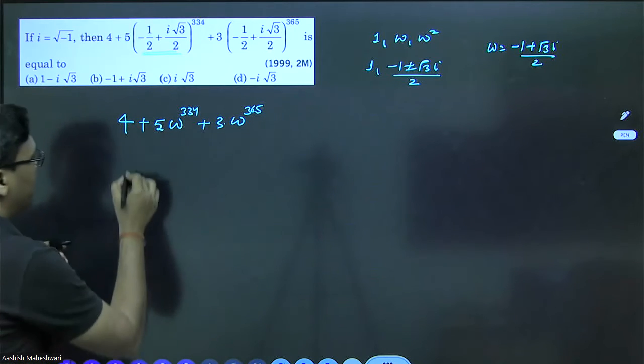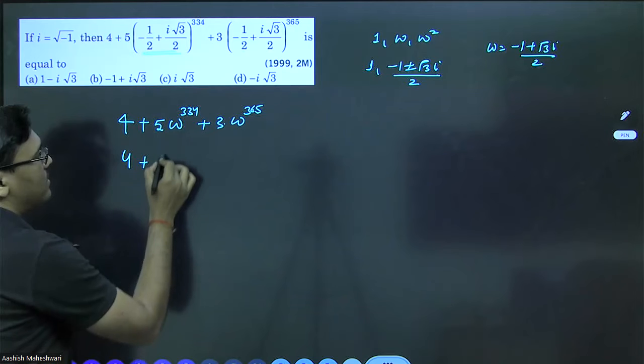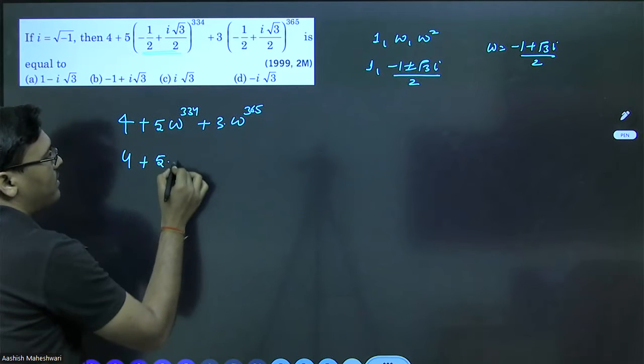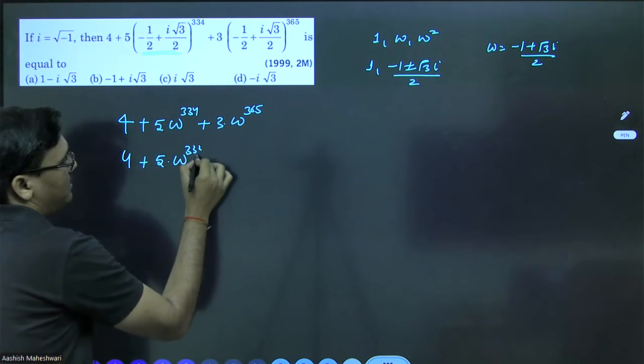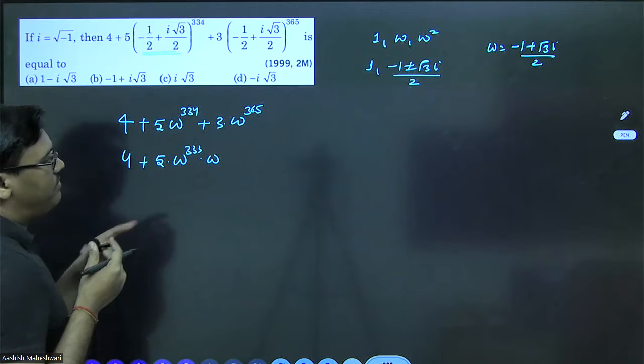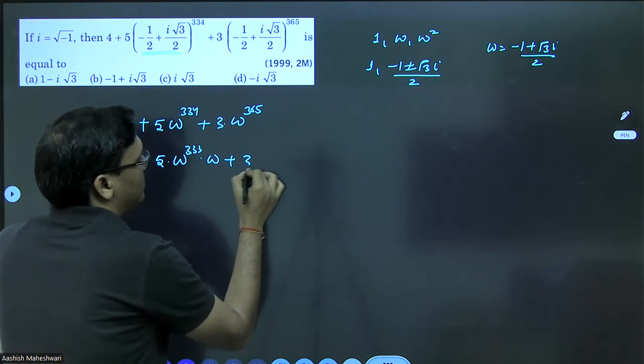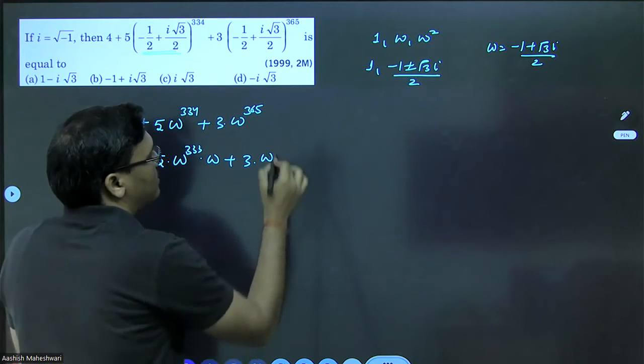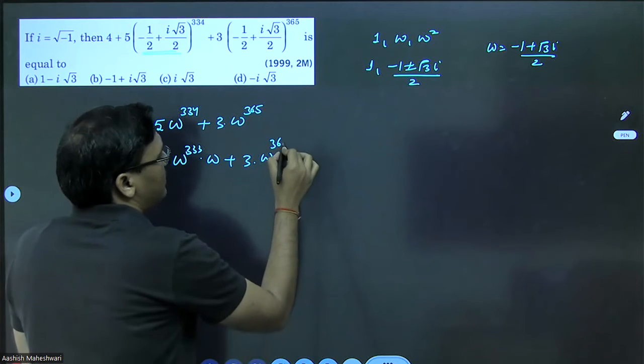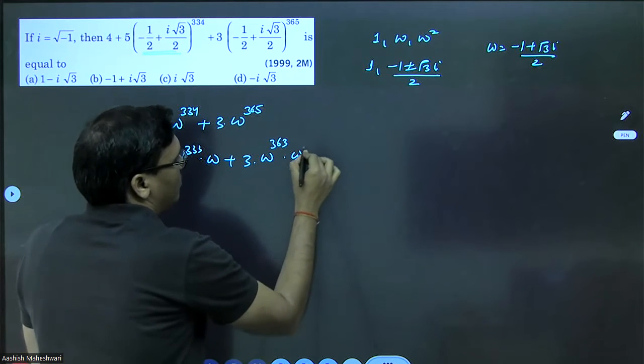Now you see, this is 4 plus omega^333 into omega, a multiple of 3, and this is 3 omega^363 into omega square. I'm just making multiples of 3.